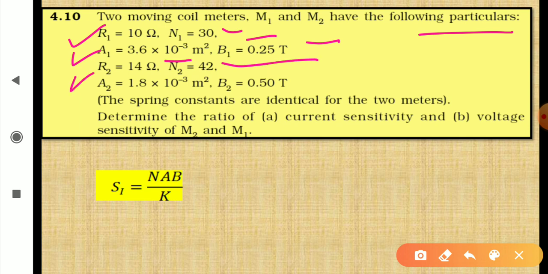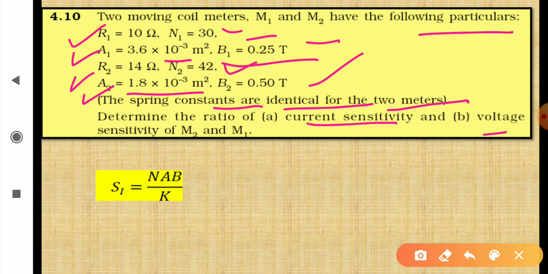R2 14 ohm, N2 42, area A2 1.8 into 10 to the power minus 3, B2 is 0.50 Tesla. The spring constants are identical for the two meters. Now, determine the ratio of current sensitivity and voltage sensitivity of M2 and M1.